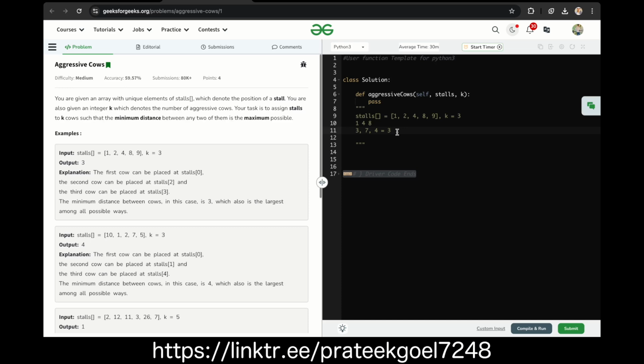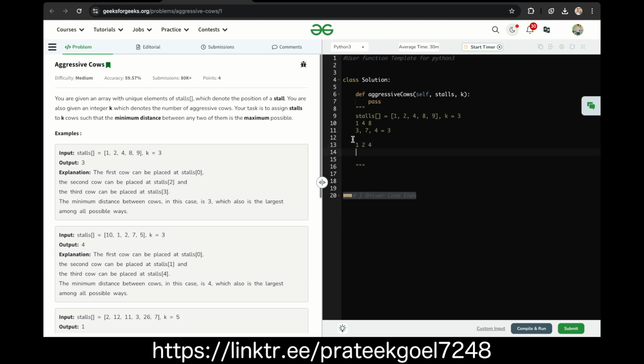What does that mean? There might be many possible permutations for that. Let's suppose we are taking 1, 2 and 4, and for that as well we are taking 3 cows.